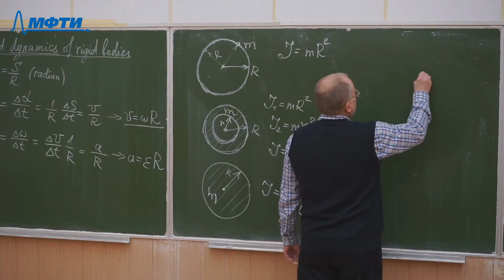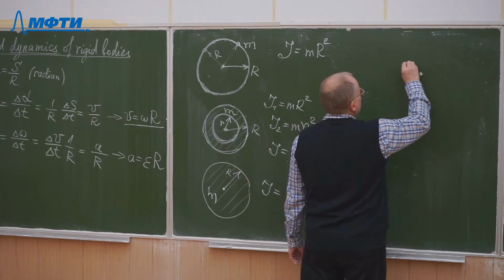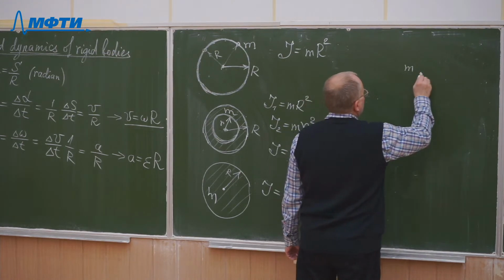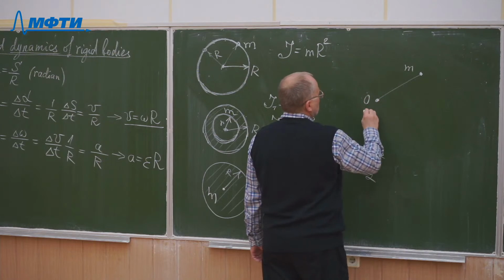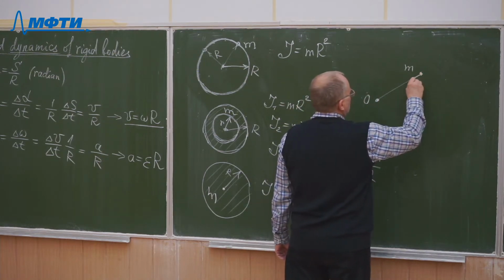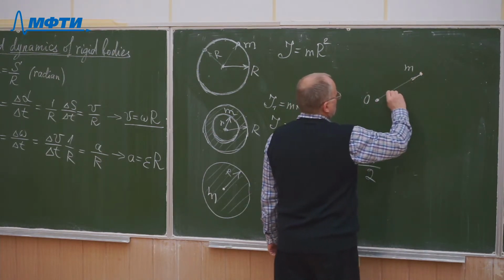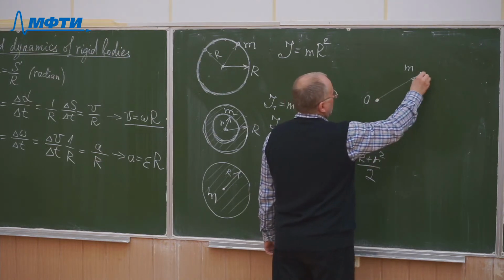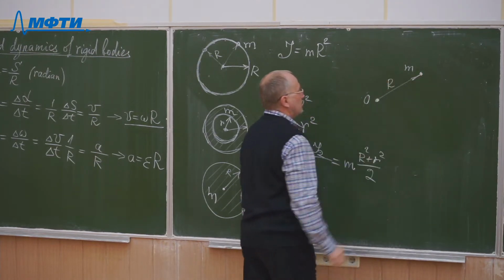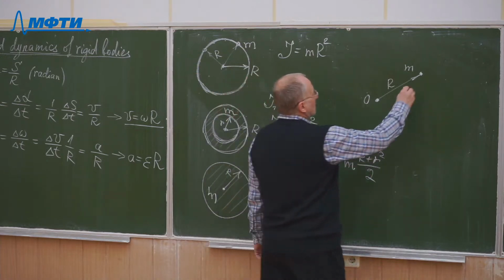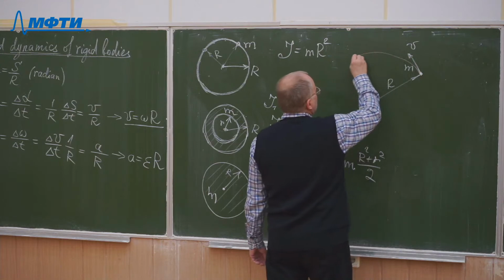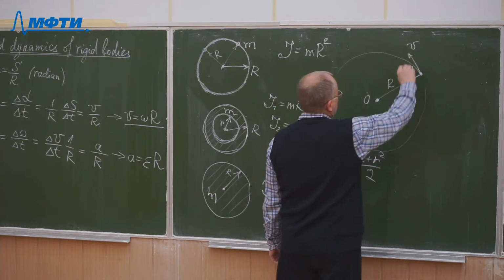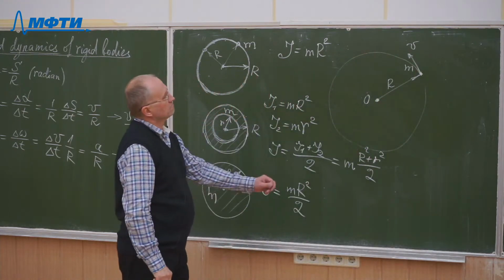Let there be a point mass m which can rotate about the center O, and which is located at distance r from the center, and so it can move with some velocity along the circular trajectory about this point.